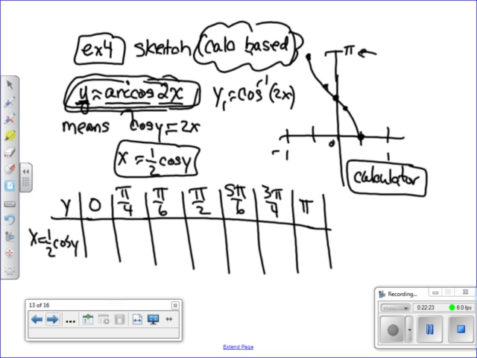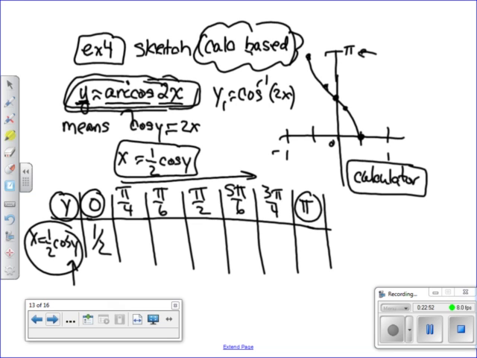Now in an xy chart, there's my x values, there's my y values right there. For my y values, I'm using what is in the rotation, from 0 out to pi, moving in the first and second quadrant. So if I take 0 and insert it in y's place, the cosine of 0 is 1 times 1/2 is 1/2.